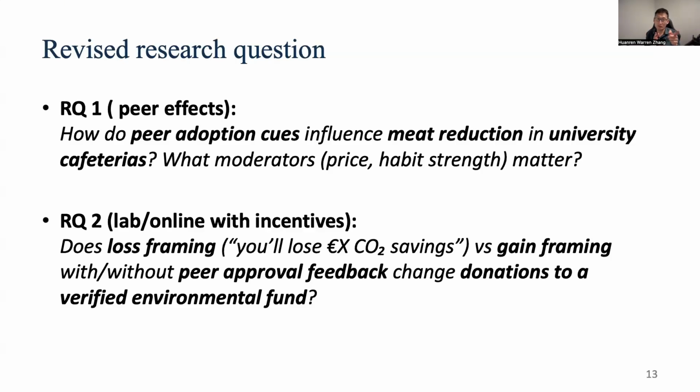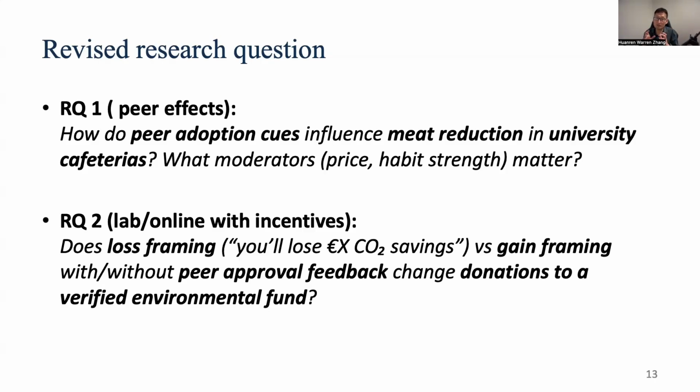Right? So the question asked is how do peer adoption cues influence meat reduction in university cafeterias? Right? And what moderators like price, habit, strength matter? So now it's trying to be quite specific. Peer adoption cues, that's very specific intervention. And the outcome is also measurable.